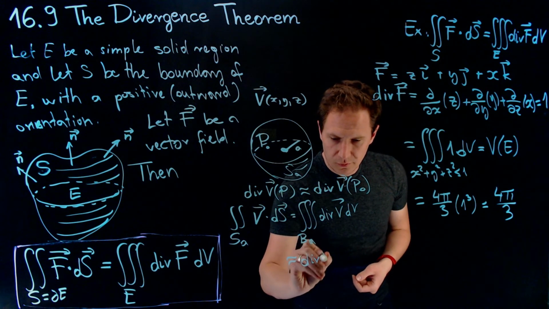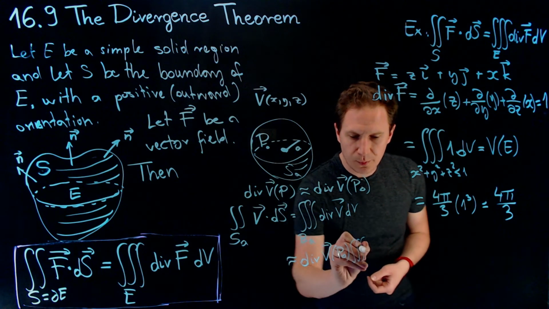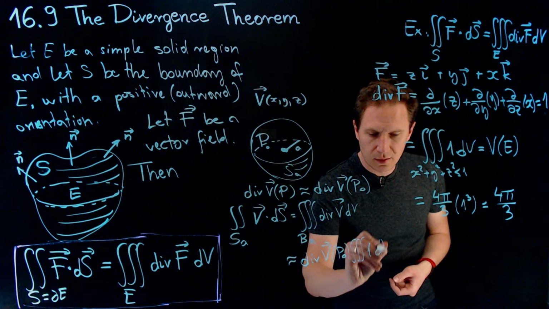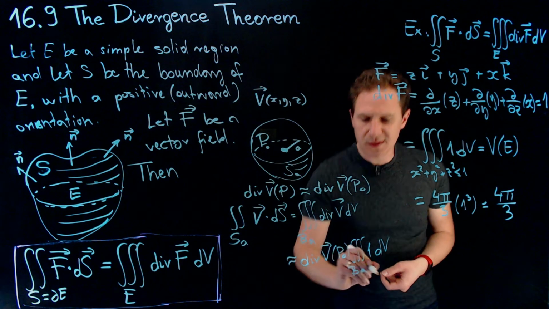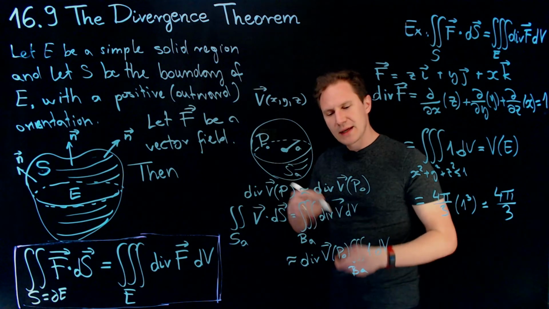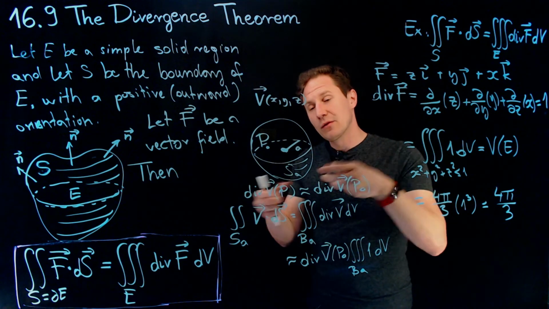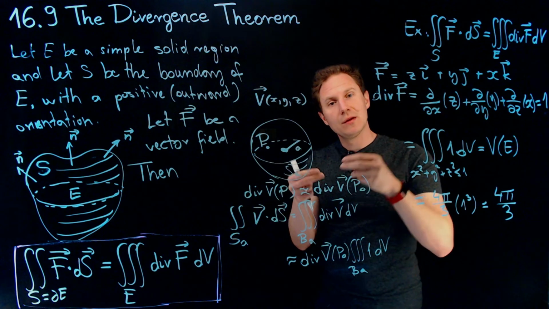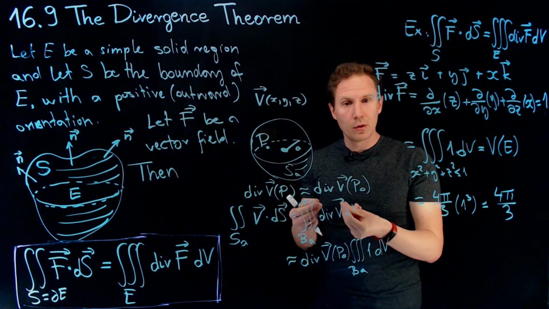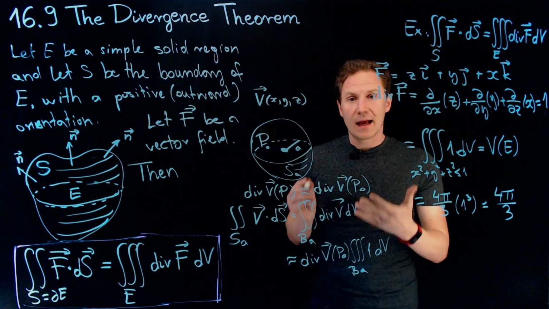that we can factor out of the integral, and then we are left with the triple integral over that ball of radius a centered at P naught. And of course this approximation gets better and better as we take a, the radius, to be smaller and smaller, and in the limit we actually have an exact relation.